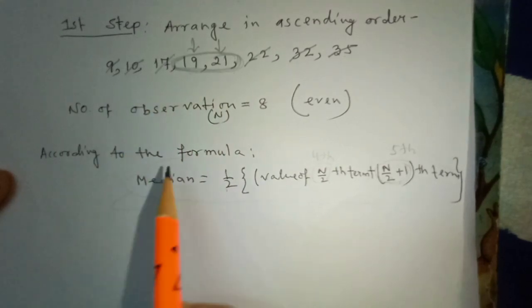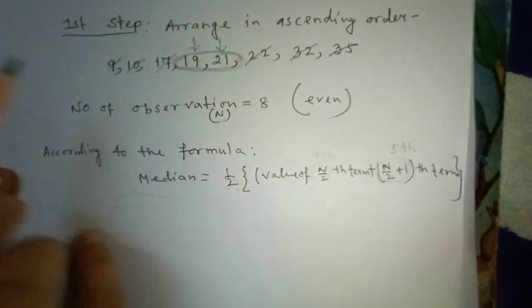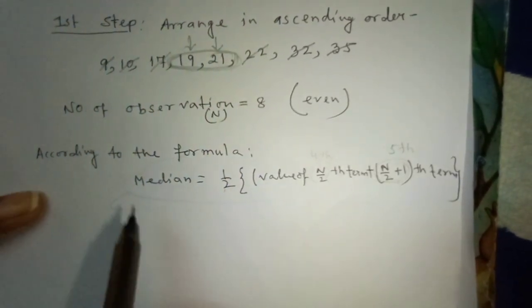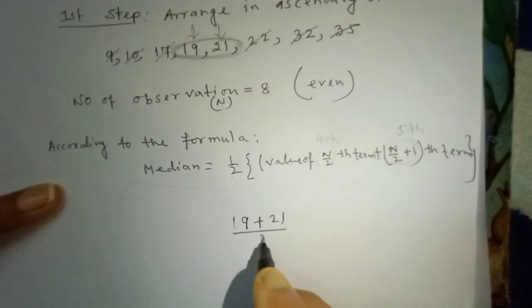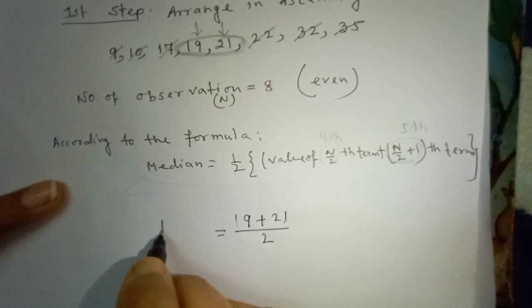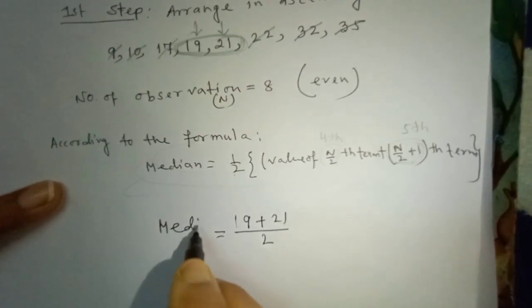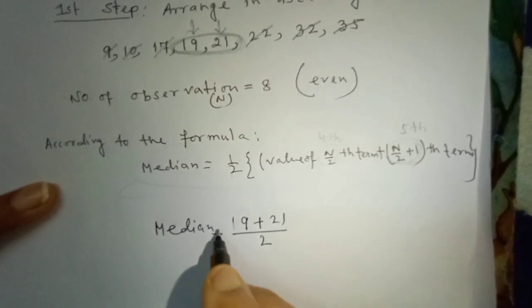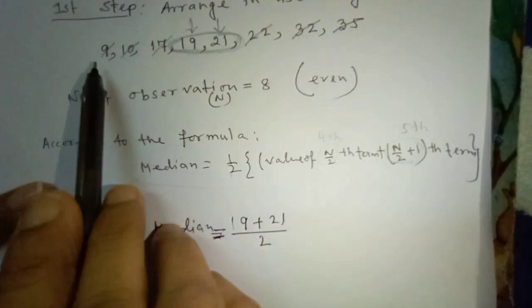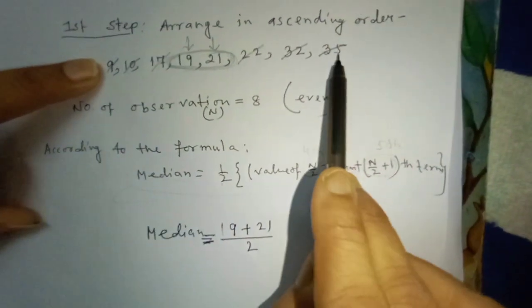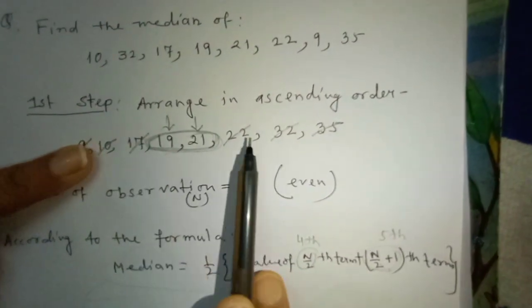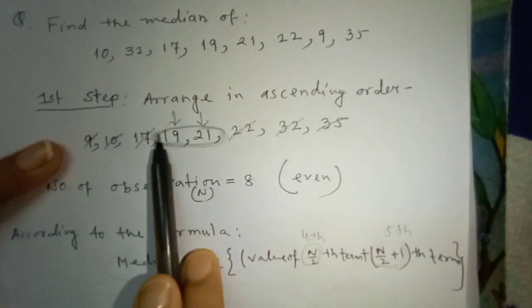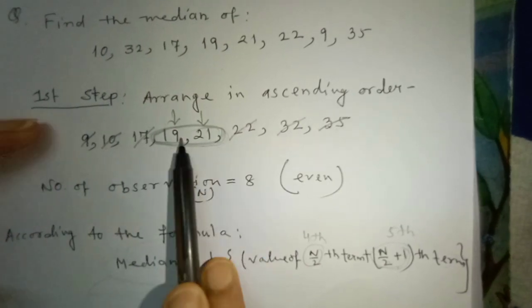So to find their mean, what will I do? I will do 19 plus 21 by 2, and this is our median actually. When we have cancelled the first and last, second and second last, third and third last, the middle two are left, where if we cancel, then nothing will be there.